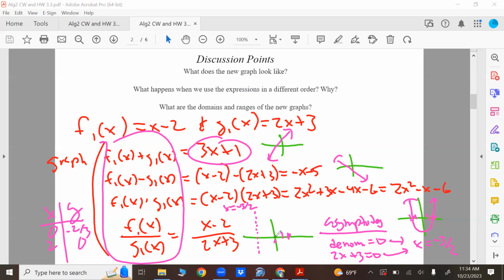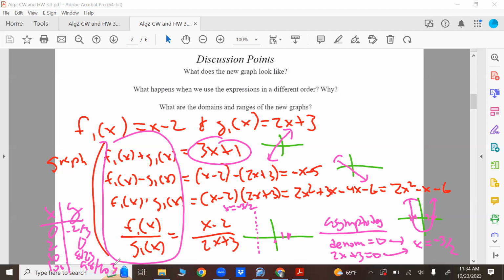What if I plug in a big number, like, say, 10? It's not too big. 8 over 23. What if I plug 100 in? I know that's getting a little crazy. 98 over 203.